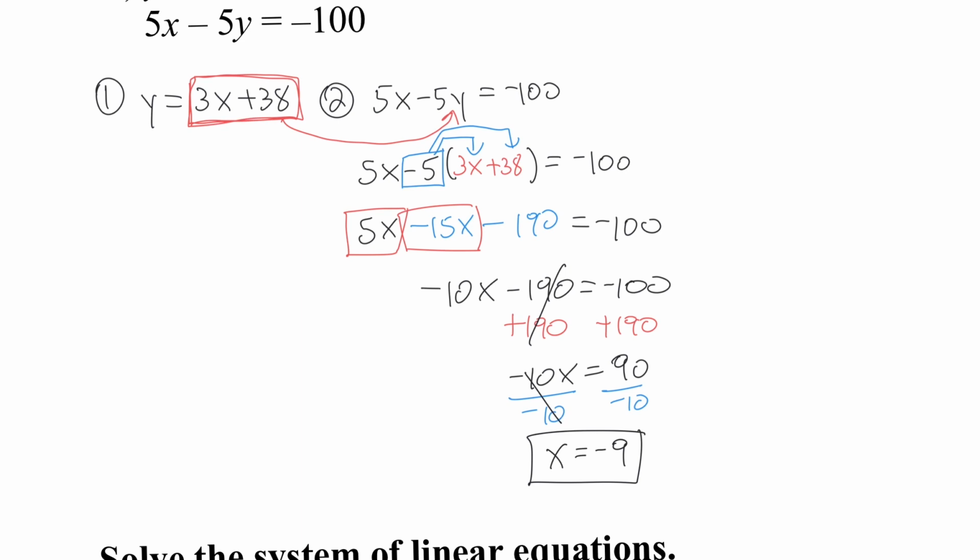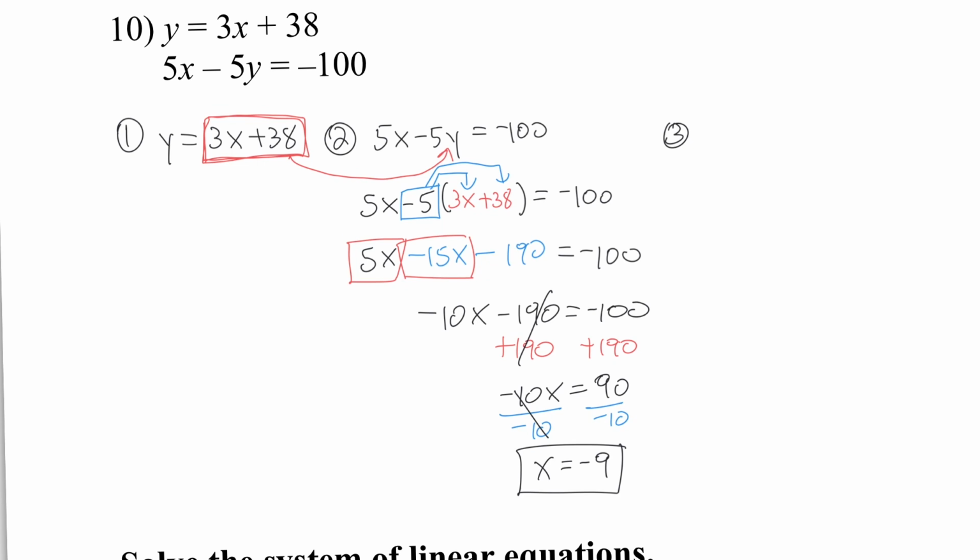The next step, you are going to use one equation. So you go back. Doesn't matter which one. I'm going to use the top right here. Okay. So top equation. It will be y equals 3x plus 38. And you substitute. So negative 9 goes into the x right there. So y equals 3 times negative 9 plus 38.